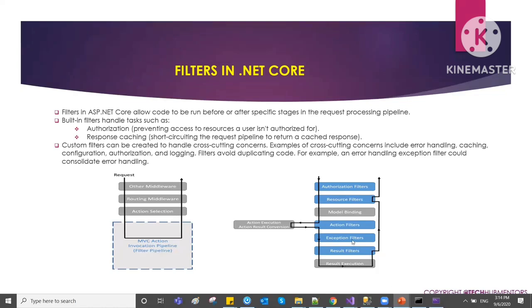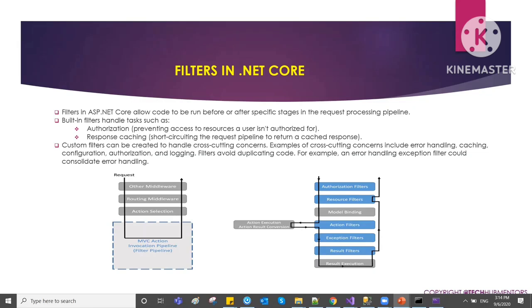Similarly, for exception filters you have to use the IExceptionFilter interface, with methods for handling exceptions at the global level. And for the action filter, you are handling at the action level.